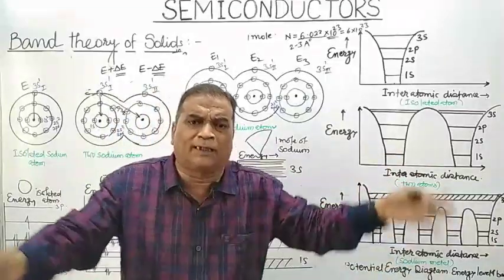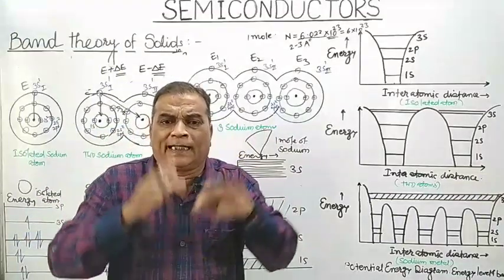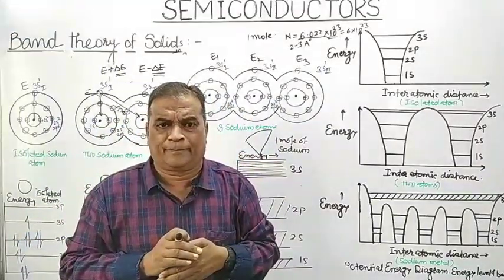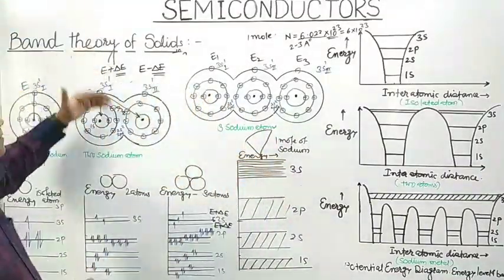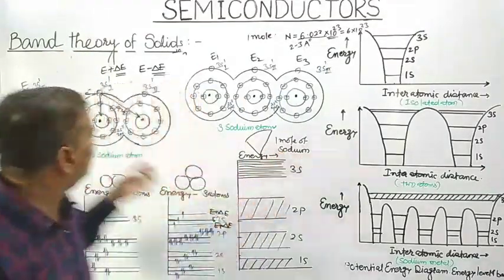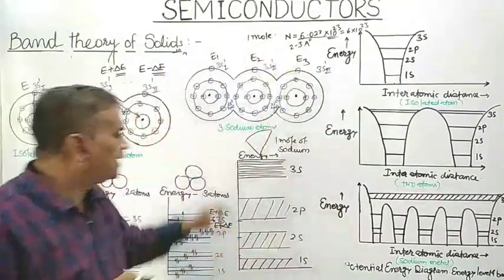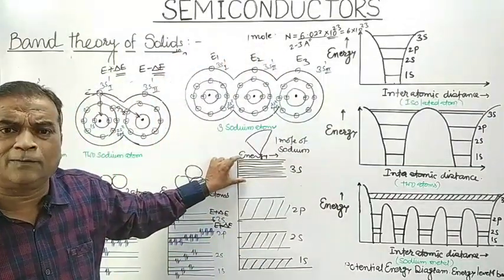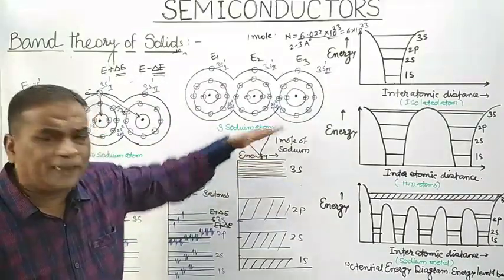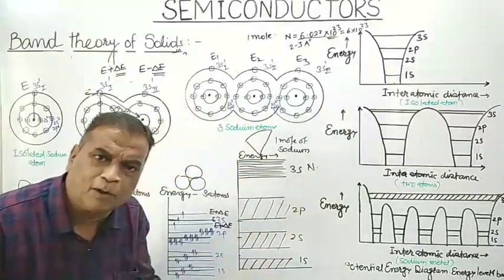They have a strong interaction with the nuclei of their neighboring atom, and due to that strong interaction, their potential energy will vary slightly from their original energy. Means that 3s energy level gets split into n number of energy levels.